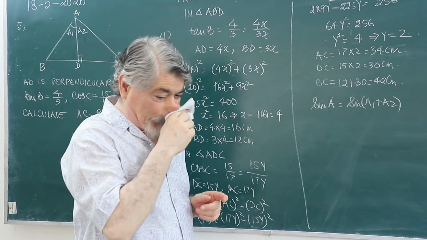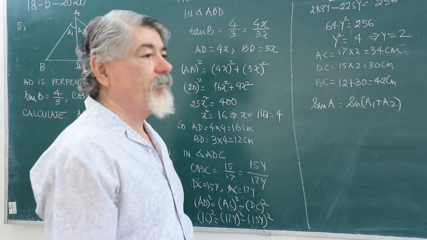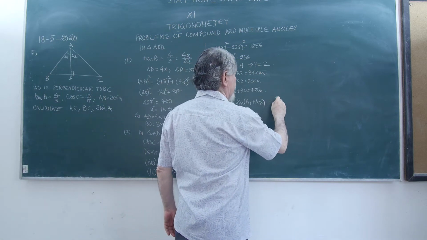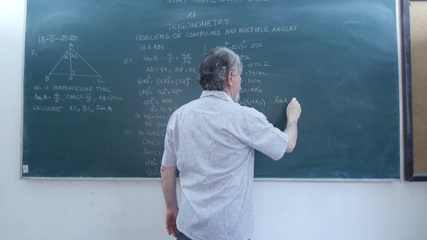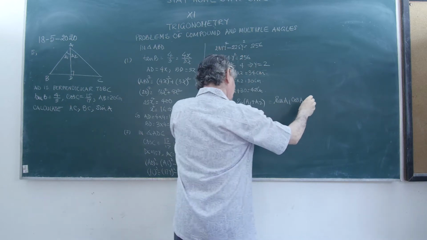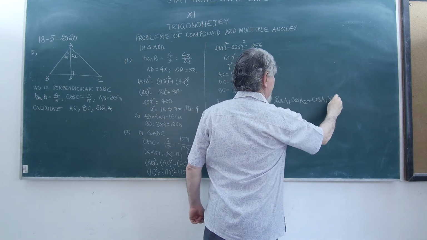Now we have to calculate sine A. Sine A is sine of A1 plus A2. That will be sine A1 cos A2 plus cos A1 sine A2.